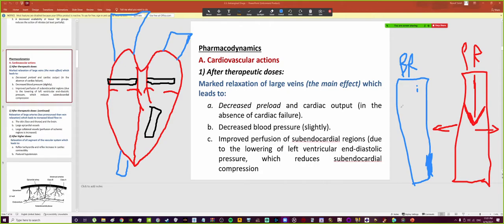In the veins, because of their capacitance, their ability to carry more blood as a blood reservoir, when there's vasodilation there's actually going to be decreased blood flow. When you do vasodilation and decrease the pressure, the veins keep a lot of the blood. Blood will still flow, but much more slowly, so there's decreased venous return to the heart.